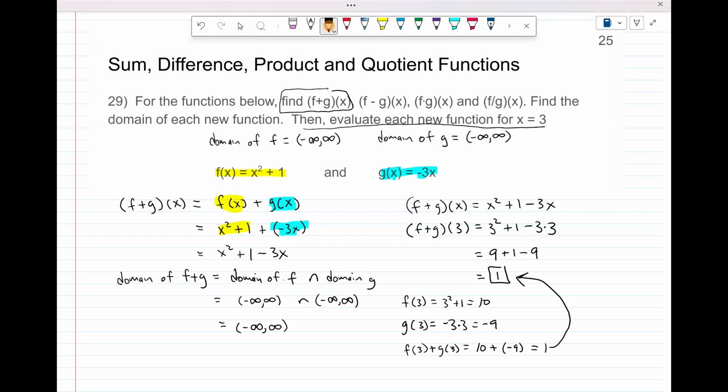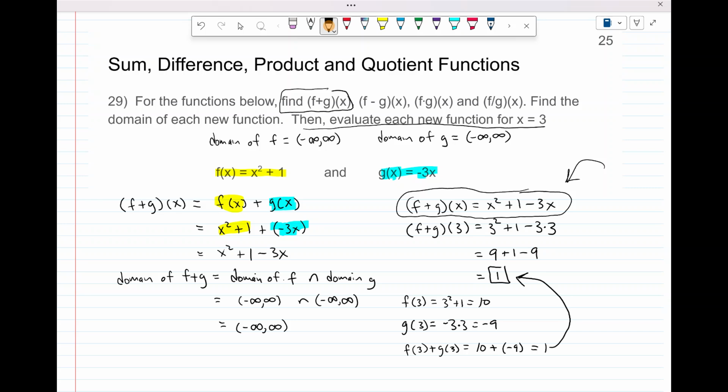And that would be the case for any number that we plug in, right? If I do f plus g of 5, it'll be equal to f of 5 plus g of 5. And sometimes the reason that we do this is that it gives us one function that we can plug our number into, instead of plugging that same number into two different functions.